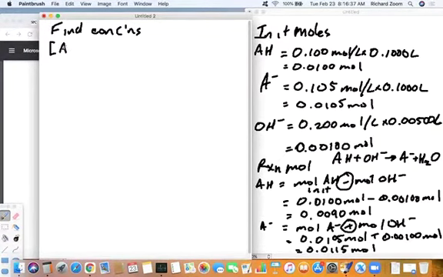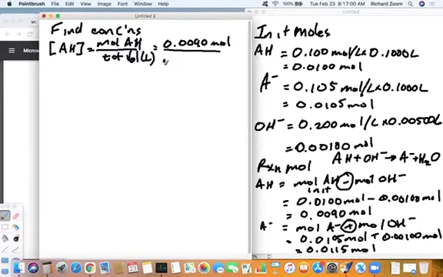So the concentration of AH now will be the moles of AH divided by the total volume in liters, which would be 0.0090 moles divided by 0.2050 liters.